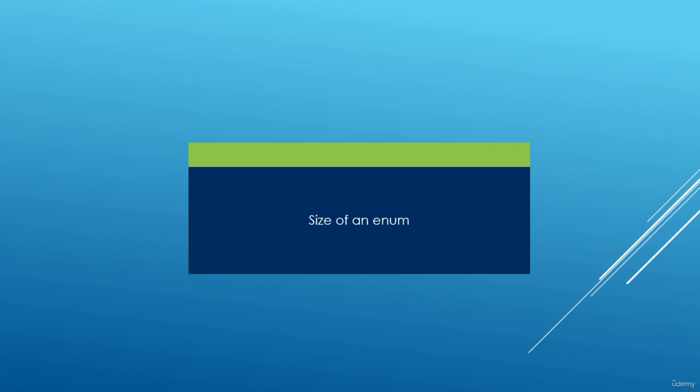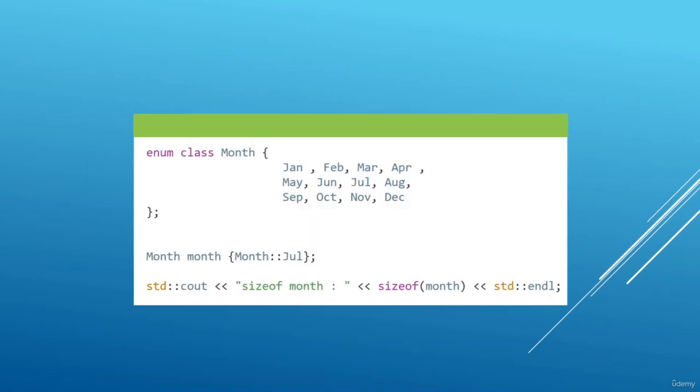This is much better, and you can use this if it really helps your application be done in a better way. Okay, now that we have seen all this, one question you might be asking is, what is the size of an enum? For example, we have set up our month here, which is going to have 12 values, but what shall we see if we try to print the size of this type on the console? Well, the hint is in the integral values we can use to represent our month here.